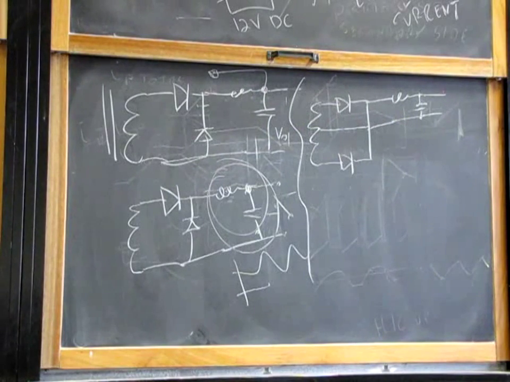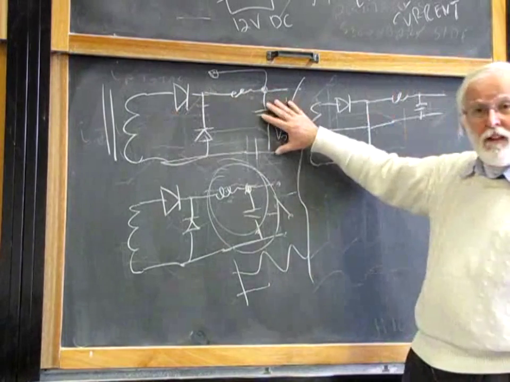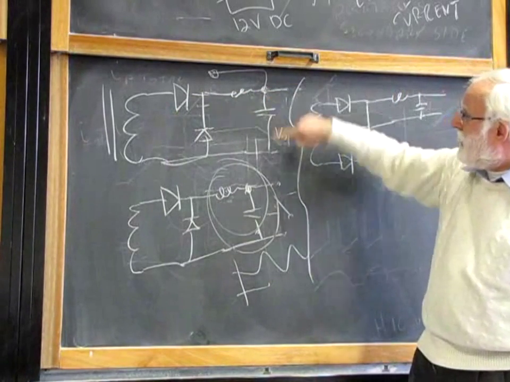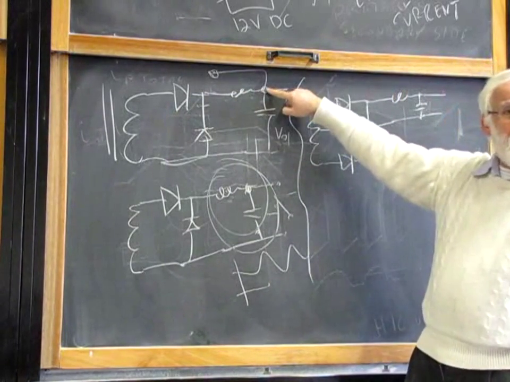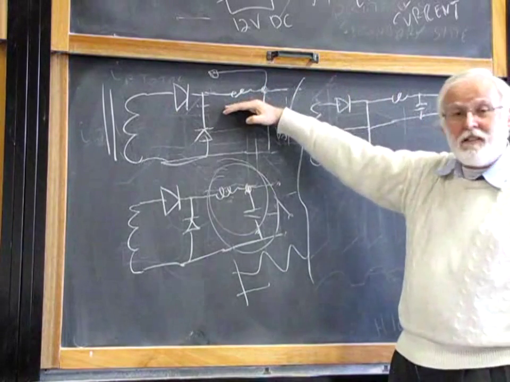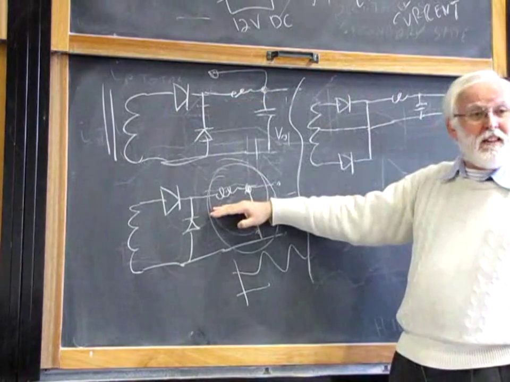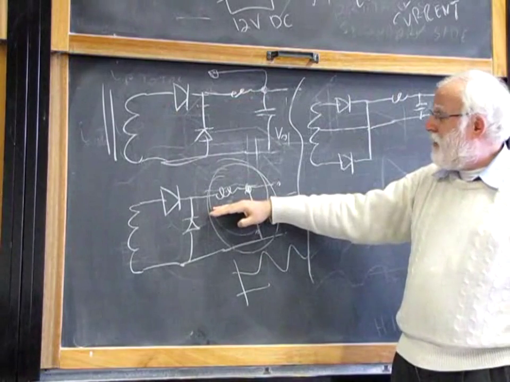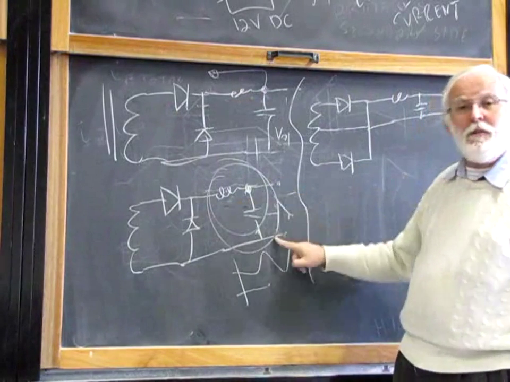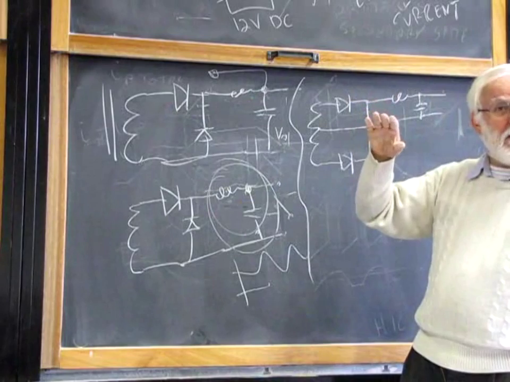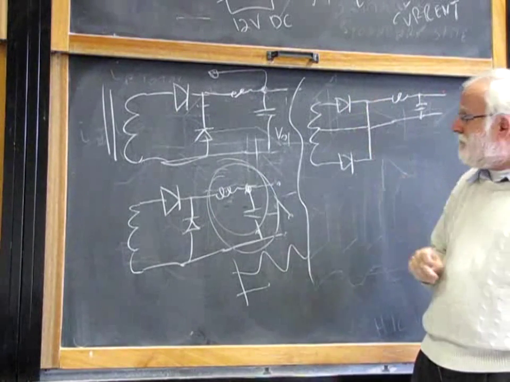It increases. The output voltage increases because we have a constant duty cycle, since we are keeping V constant. So this is still CCM, this goes to DCM, and its output voltage goes up. Uncontrolled, very uncontrolled.